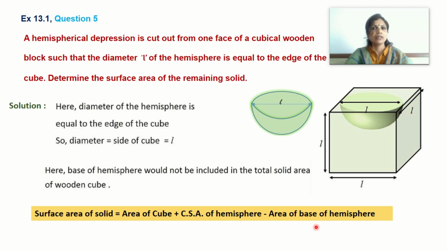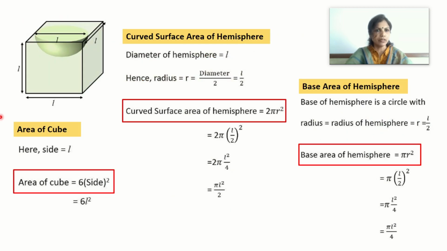So this is how, one by one, we will find out the areas. Let's figure out the area of the cube first. The side of the cube is given to us as L. Therefore the area of the cube is equal to 6 into side square, so 6 L square. Then we will find the curved surface area of the hemisphere, and our formula for the curved surface area of a hemisphere is 2 pi r square. Now the diameter of the hemisphere is L, so the radius is L upon 2.